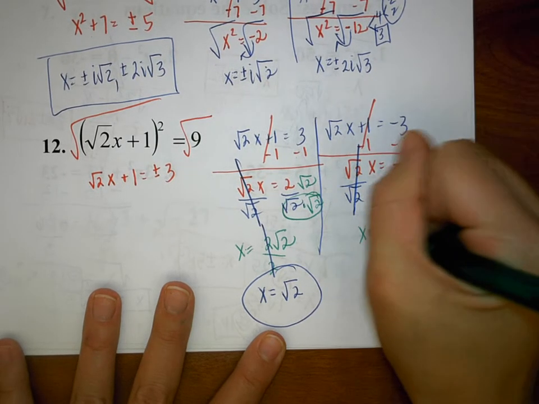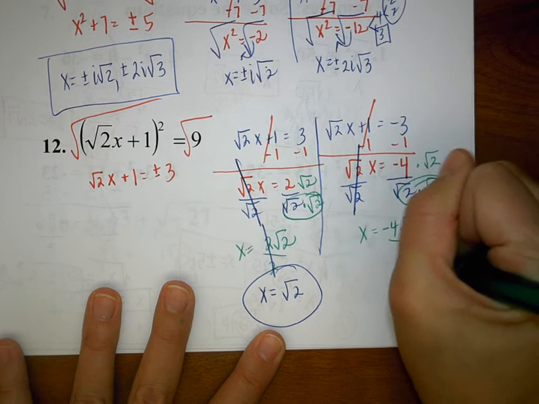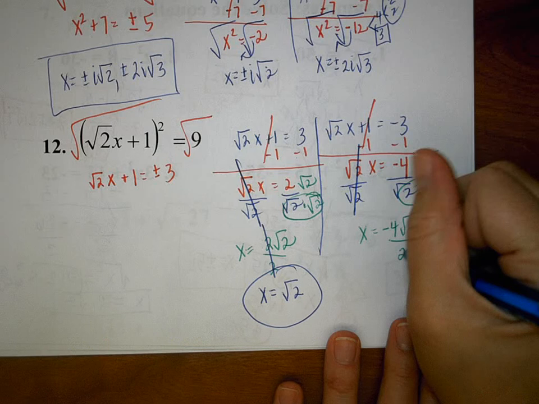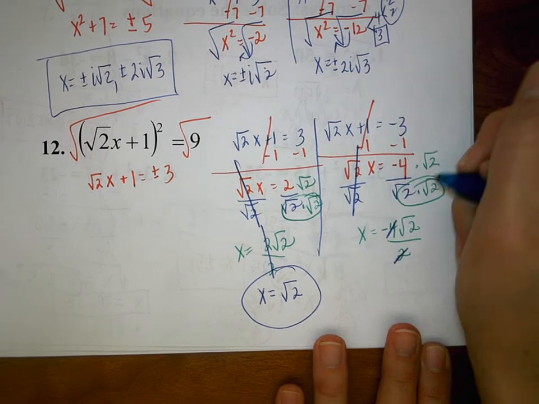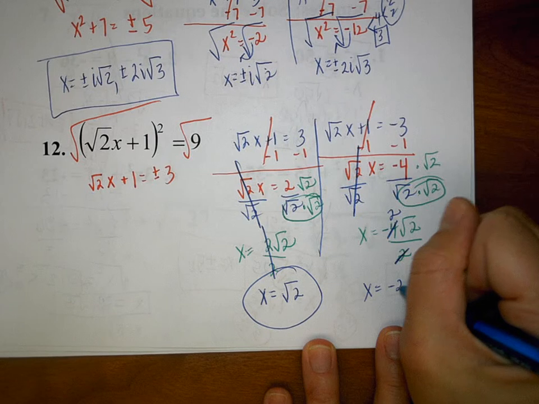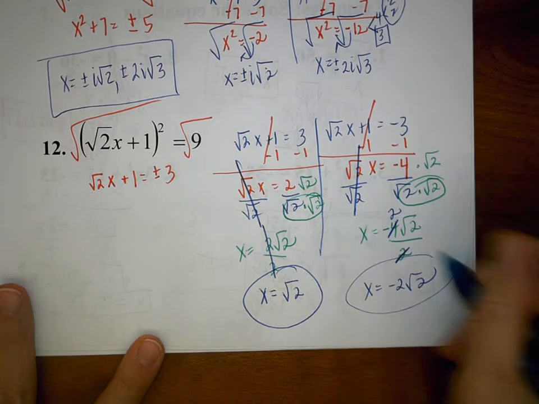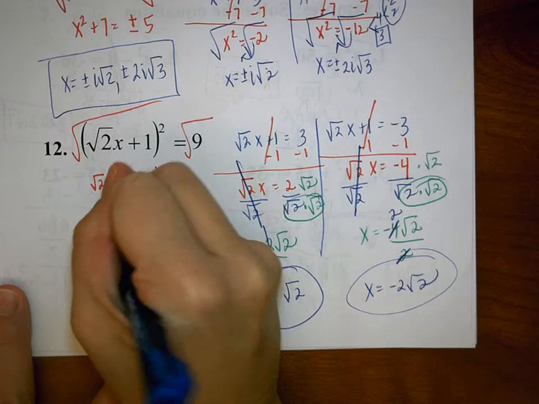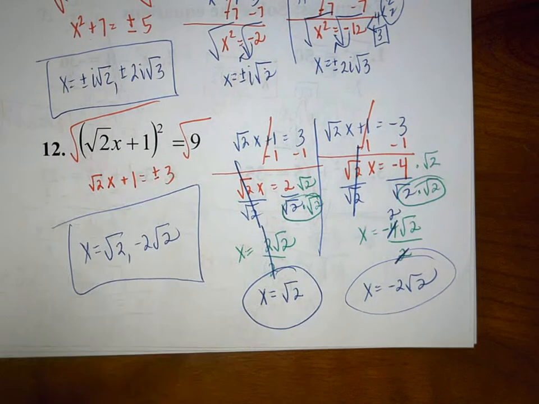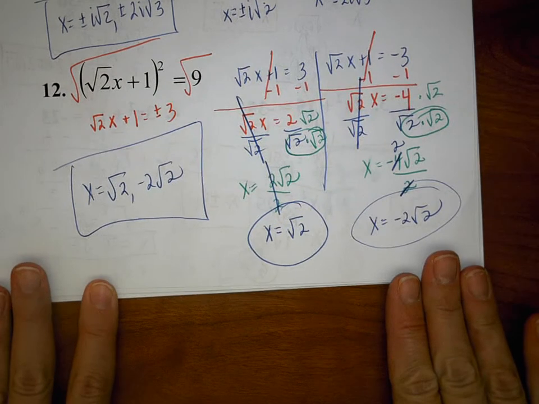So I have x equals negative 4 root 2 over 2. And then 2 goes into negative 4. So x equals negative 2 root 2. So those are my two answers. x equals root 2 and negative 2 root 2. Okay, any questions there?